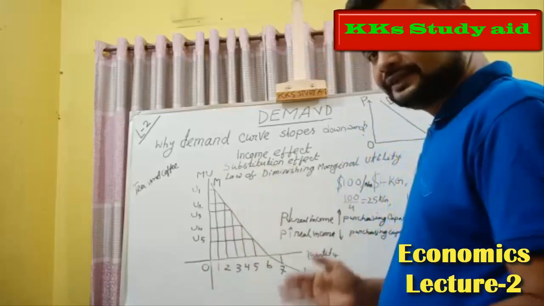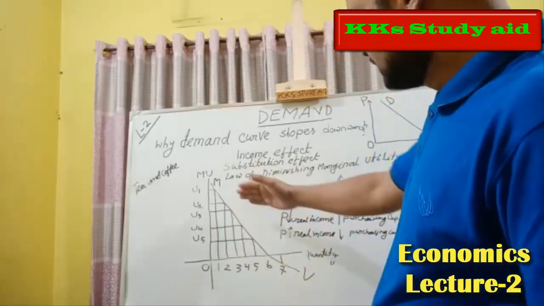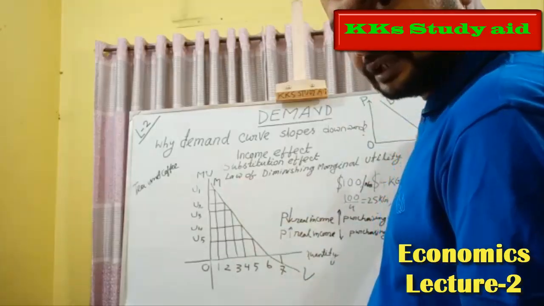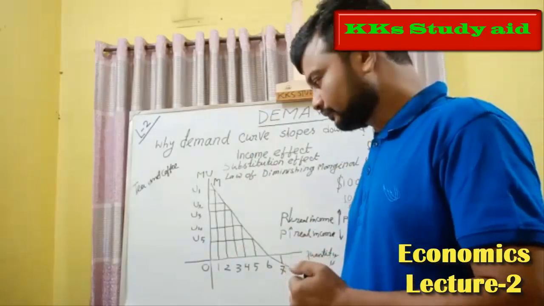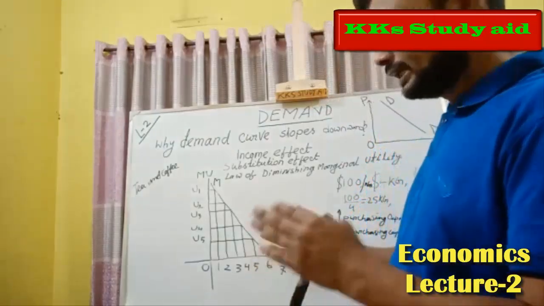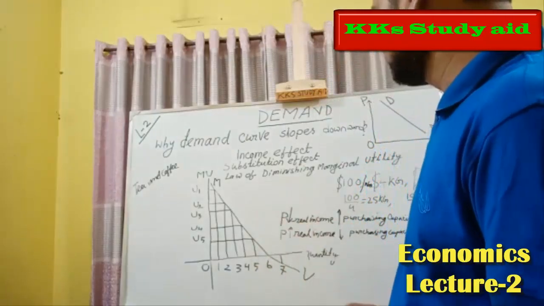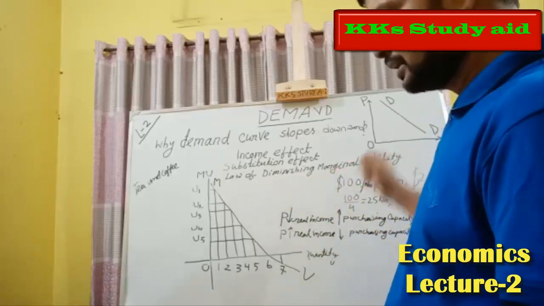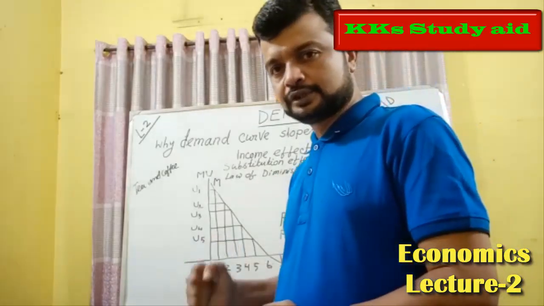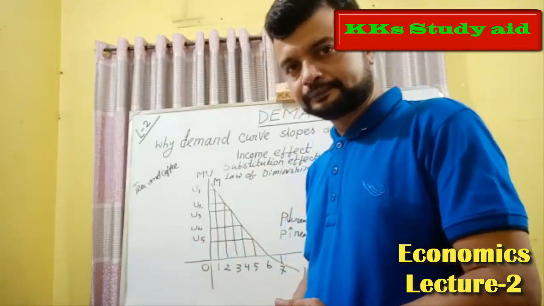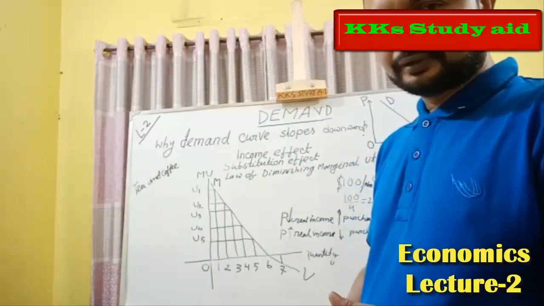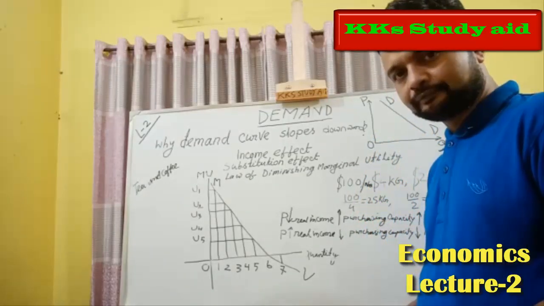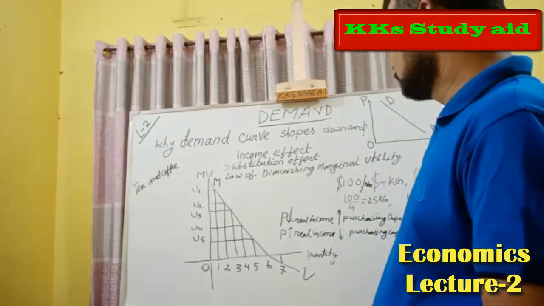The shape of the marginal utility curve and the shape of the demand curve are the same. This makes it clear why the law of diminishing marginal utility causes the demand curve to slope down from left to right. I think you are very much clear about why the demand curve slopes downward.